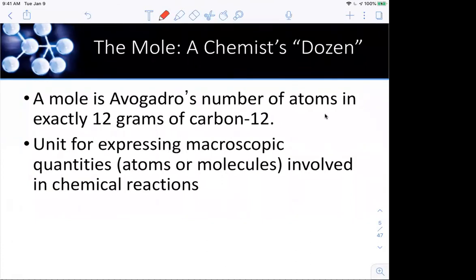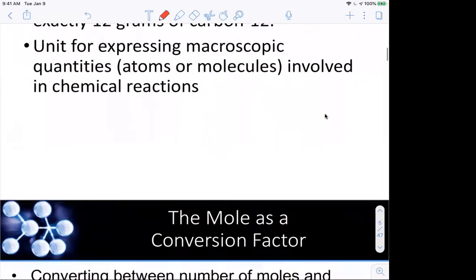This gives us a unit for expressing macroscopic quantities, which are those composed of those microscopic or submicroscopic atoms and molecules, which are involved in chemical reactions.